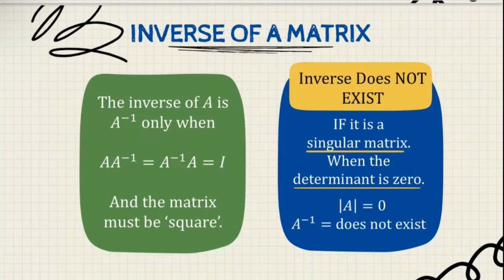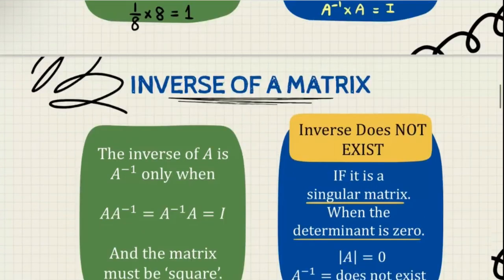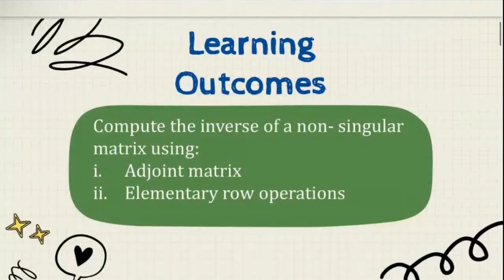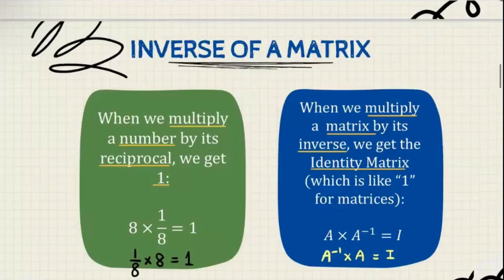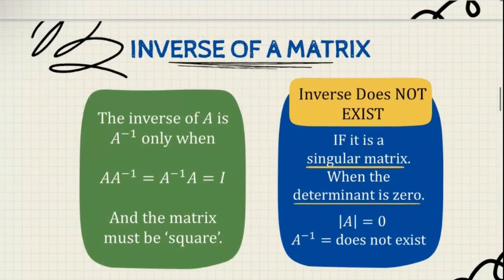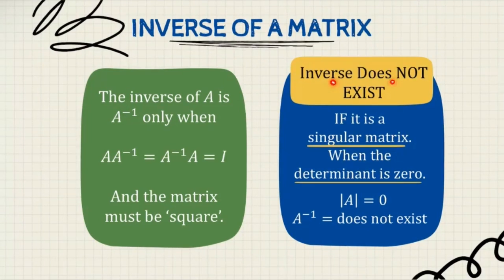Okay, apa lagi satu? So tadi dekat learning outcomes kita kata tentang singular matrix, betul tak? So kalau saya go back to the learning outcomes, dia kata compute inverse of a non-singular. So apakah itu singular matrix? Okay, so inverse does not exist if it is a singular matrix.